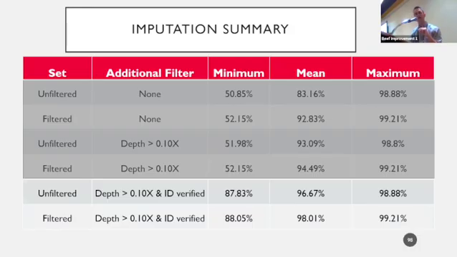Animals had at least 0.1x of sequencing depth, and we were able to verify their ID. In other words, we could match them back to array genotypes sufficiently, because we did have some animals which were clearly mislabeled. Their metagenomic sample was clearly mislabeled. But when they meet all of those thresholds, you can see the mean concordance here of greater than 98%.